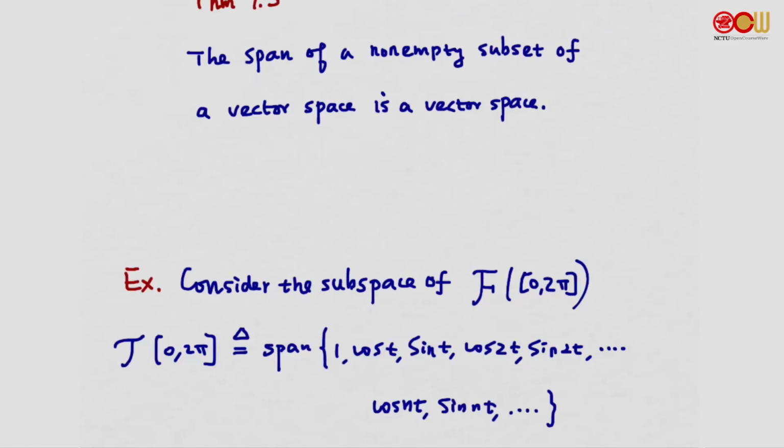For example, let's consider the function space F with the domain S, the interval from 0 to 2 pi, and we define the subspace of the function space here, that is the span of these functions: 1, cosine t, sine t, cosine 2t, sine 2t, continuing on to cosine nt, sine nt, and so on. This, with t from 0 to 2 pi, is defined as the span of these trigonometric polynomials.